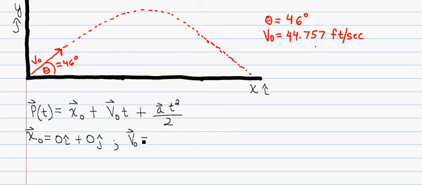Next piece, v naught, our initial velocity. Let's think about the angle for a second. This was 46 degrees. V naught was equal to 44.757. So let's break this down into its x, or i, and j components.